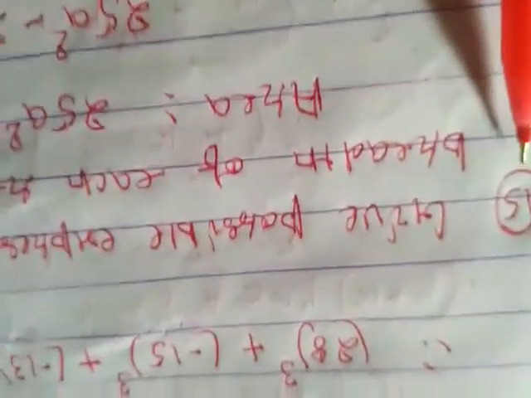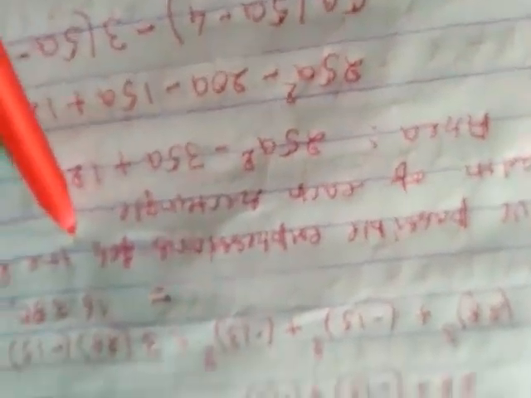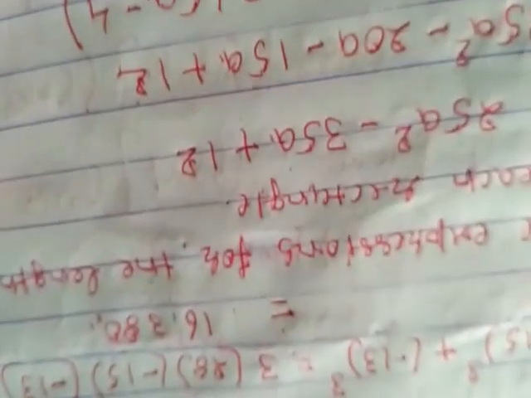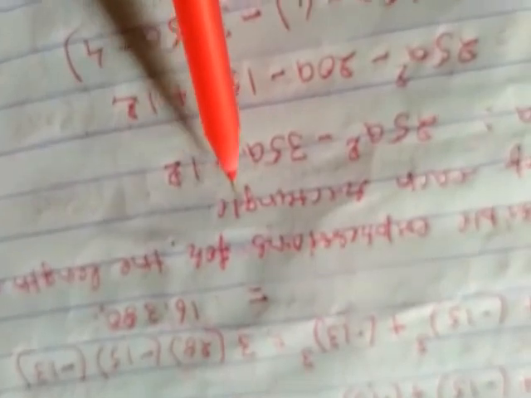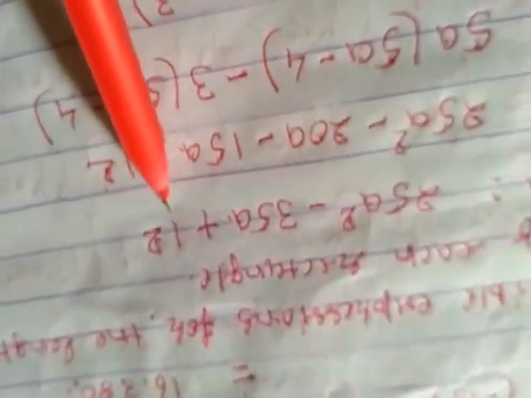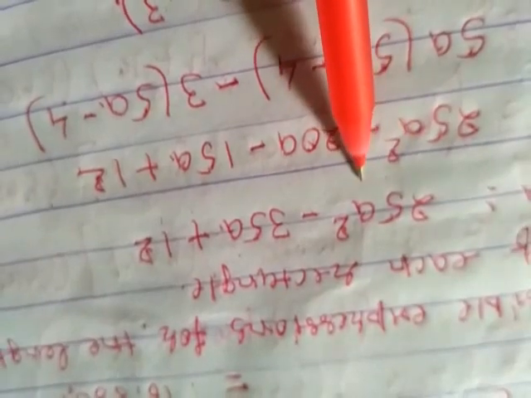In this question, give possible expressions for the length and breadth of each rectangle. Here the area of the rectangle is given. The area of the rectangle is 25a square minus 35a plus 12.